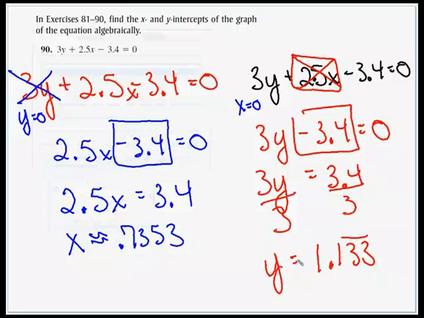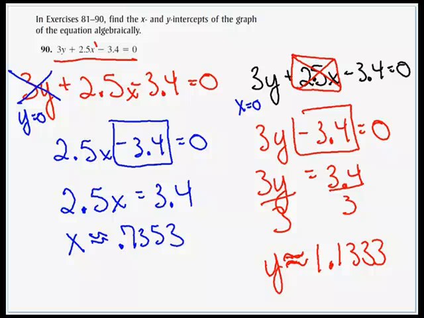As long as we got the bar, we can use the equal sign. If I wanted to round it off, I would have to use the approximately equal to, and then we could just round that off to 4 spots, like we did on the other one. And there's our x and y intercepts for this equation. And it is x to the first power, so that would be a straight line.